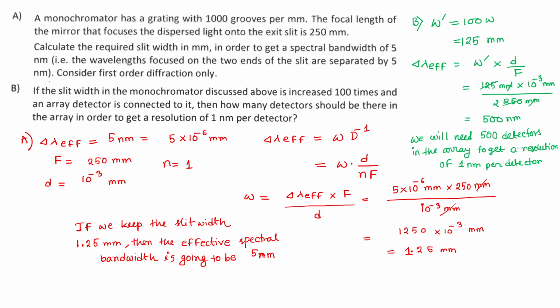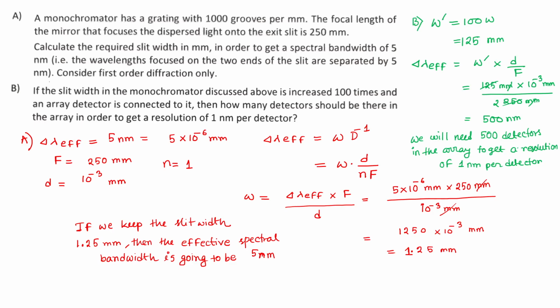That is very finite. It is in millimeter. The change in millimeter is going to change your spectral bandwidth in nanometers. So a slit width of 2 nanometers doesn't mean the slit width is actually 2 nanometers. It is in some millimeters.